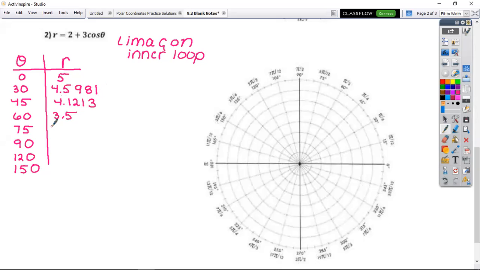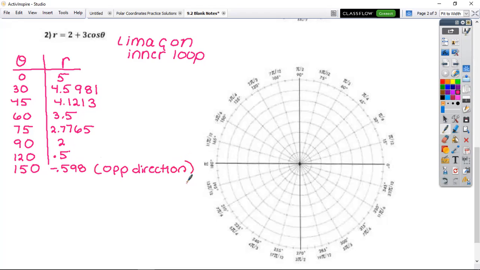At 75, like 2.7765. At 90, I had 2. At 120, I have 0.5. And here's the one I want you to make a note of in a second. Negative 0.598 is going to go in the opposite direction. Just like yesterday. So this just goes to the opposite direction.